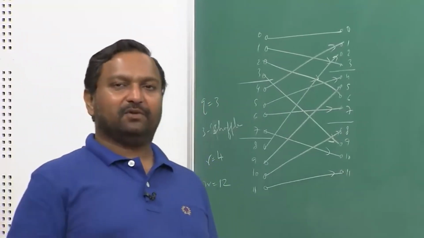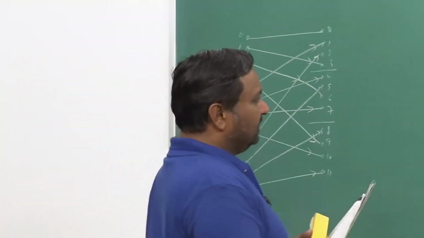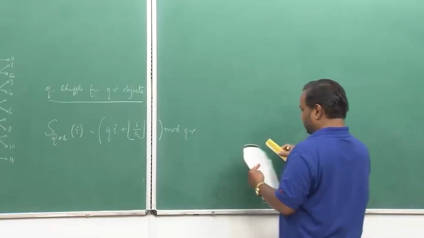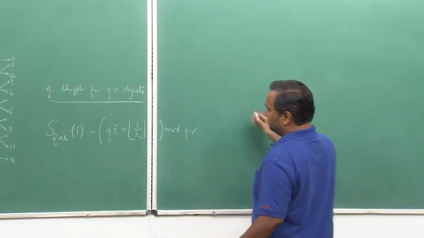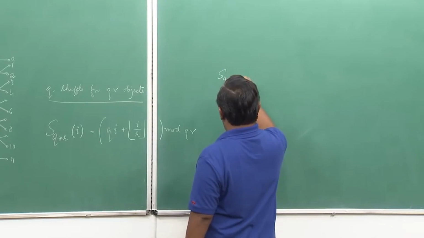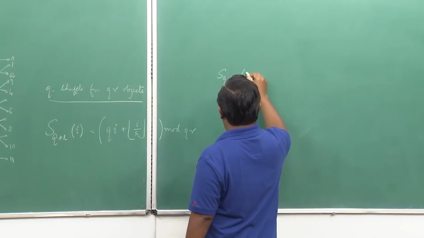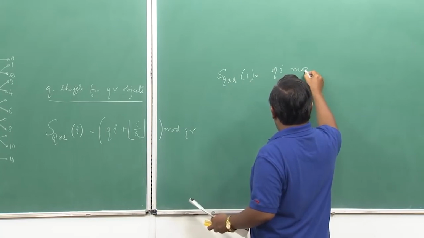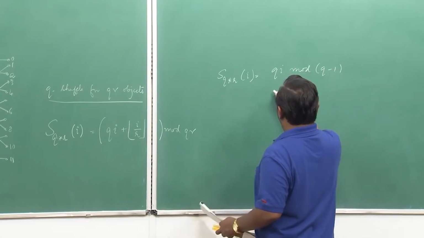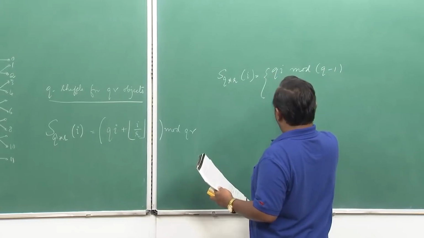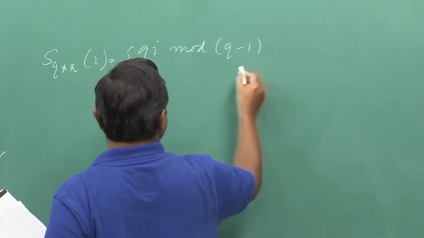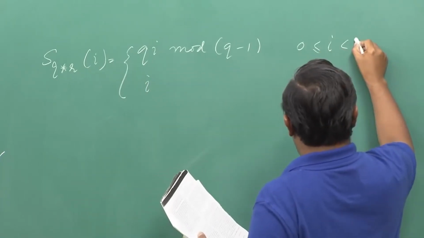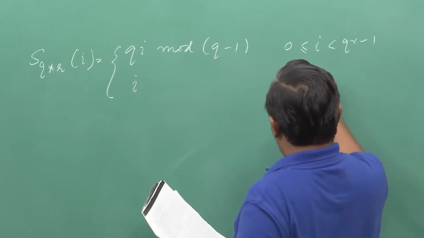So, similarly I can define 4 shuffle, 5 shuffle and so on. There is an alternative expression also which is feasible. So, I can write QR objects as a Q shuffle, can also be written as Qi mod QR minus 1, n is equal to I when 0 less than I less than QR minus 1, and when I is equal to QR minus 1.